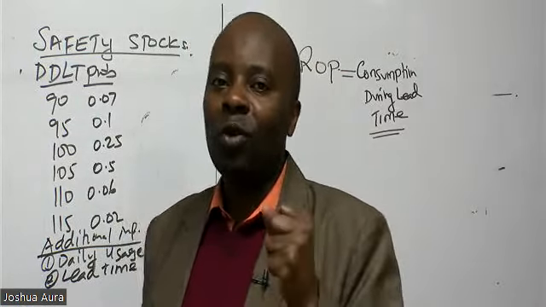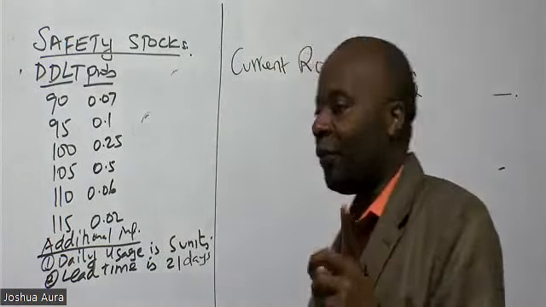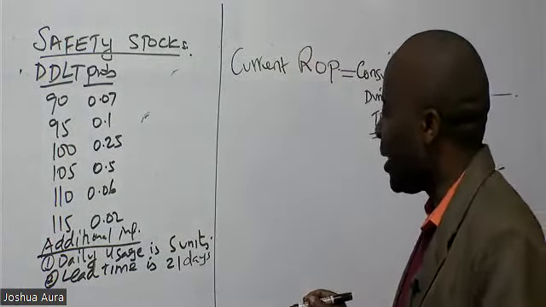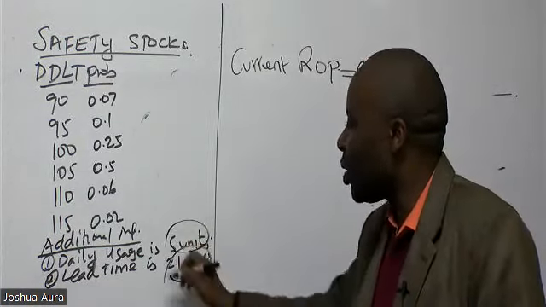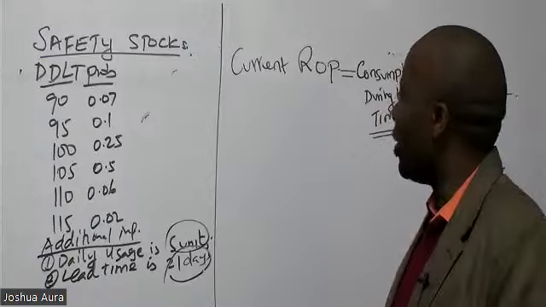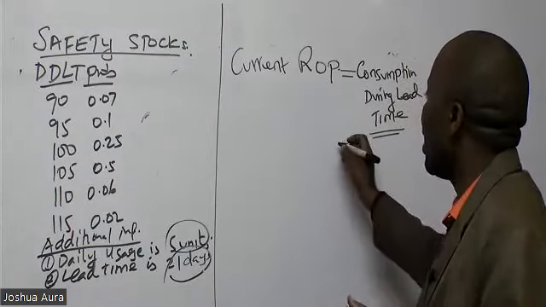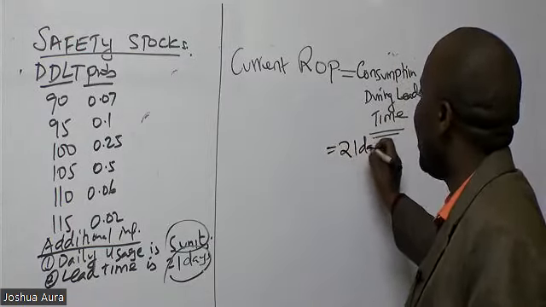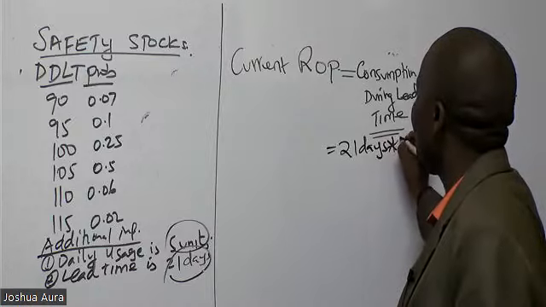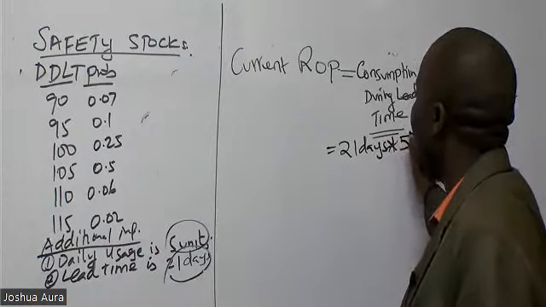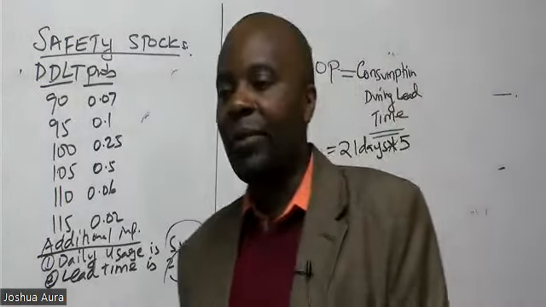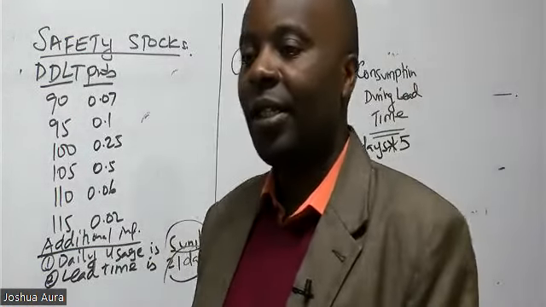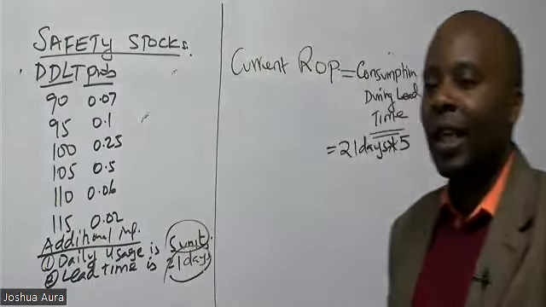We've got 21 days, and each day we normally consume 5 units. So the total consumption during lead time will be these 21 days times the number of units you're consuming per day. So 21 times 5, this gives me the current ROP. Can somebody give us a figure?